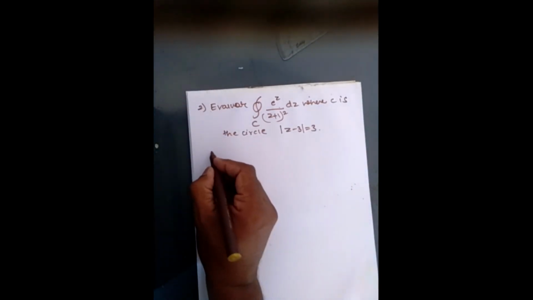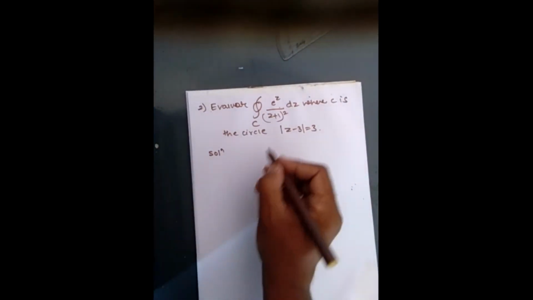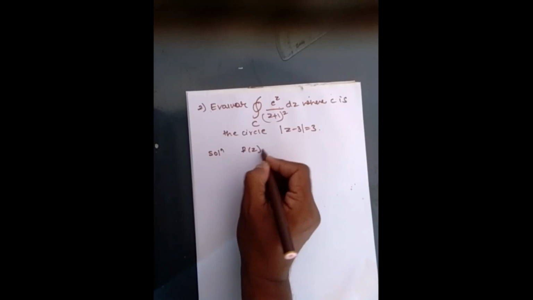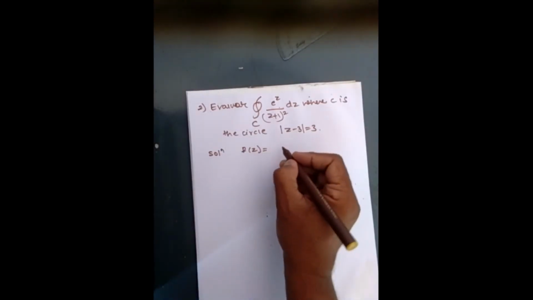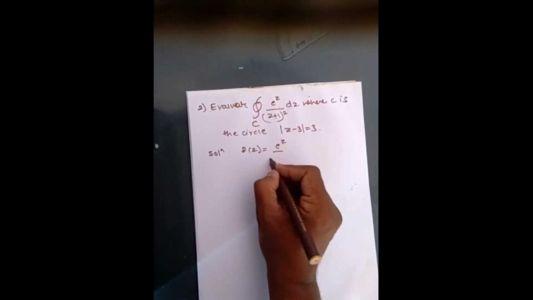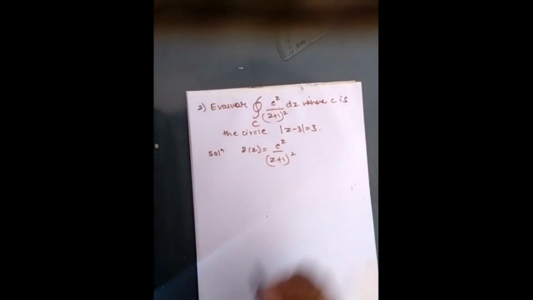Solution: here f(z) is equal to e raised to z divided by (z plus 1) whole square.